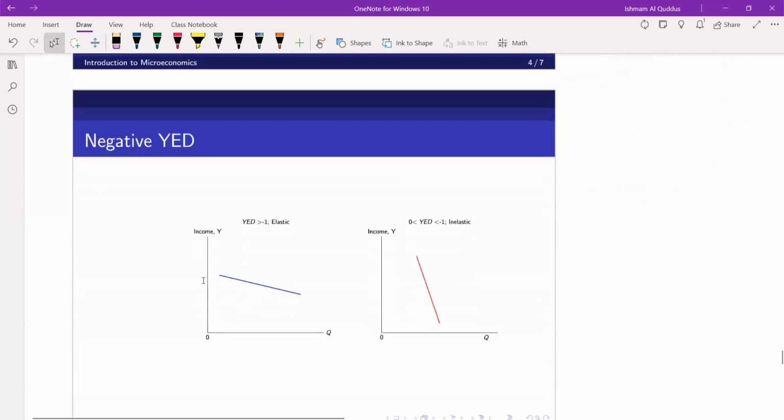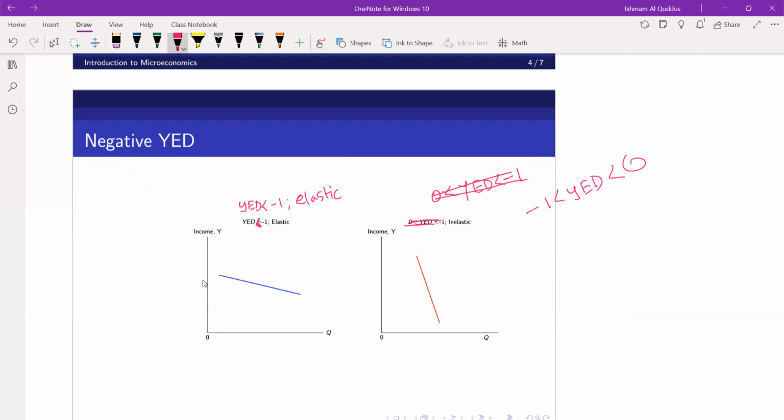Okay, so here, this should be less than -1. So YED less than -1, and it is elastic. And here, -1 less than YED less than 0.